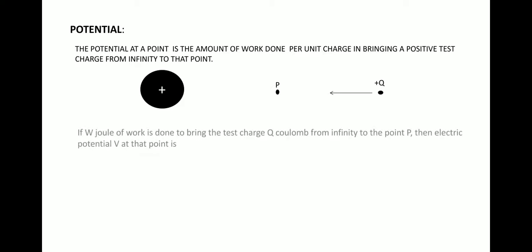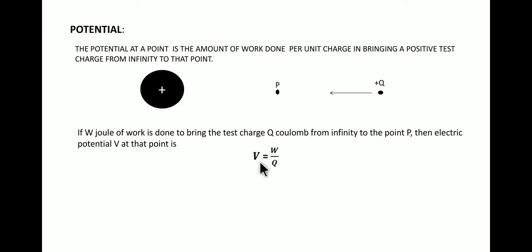So we define it as if W joule of work is done to bring the test charge Q coulomb from infinity to the point P, then the electric potential V at that point will be given by V is equal to W by Q. That means W represents the work done and Q represents the charge.